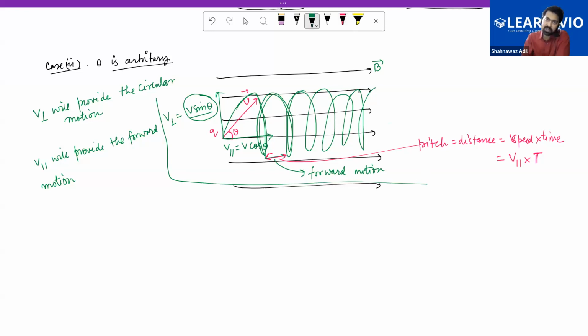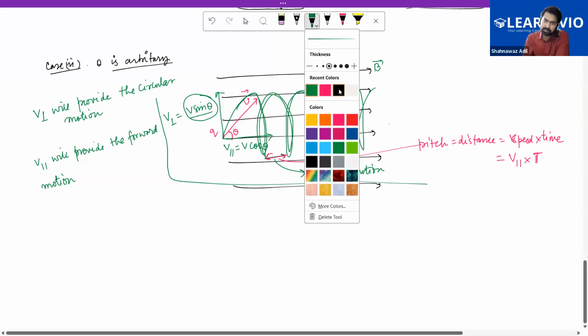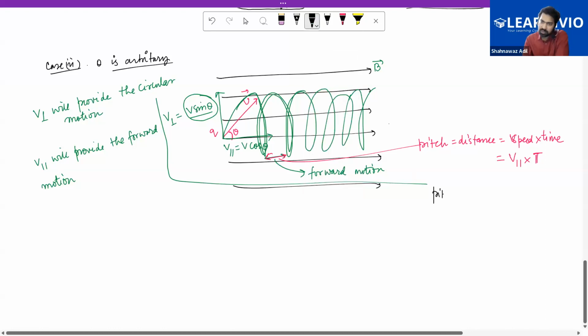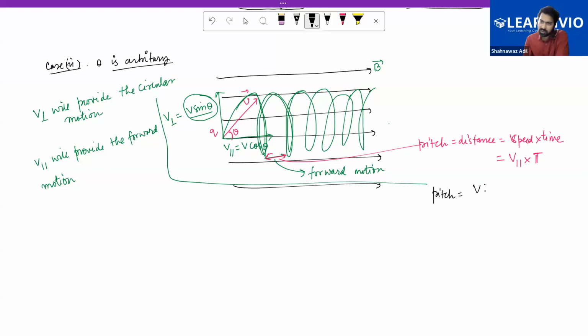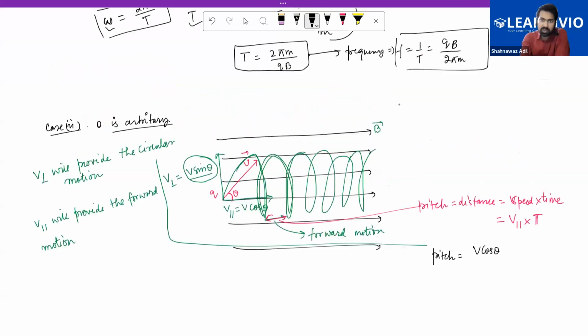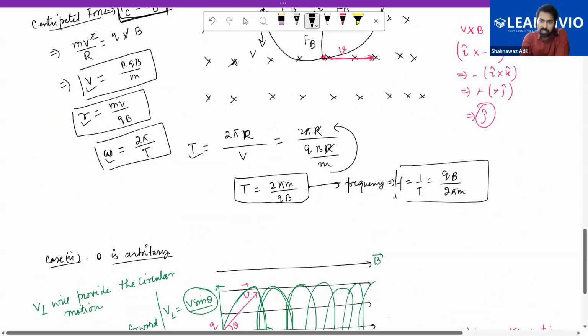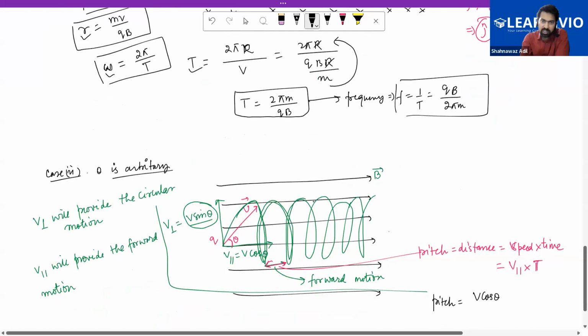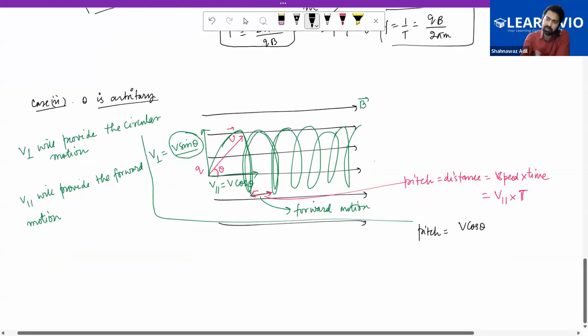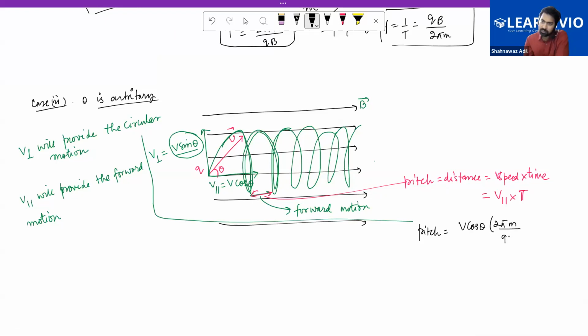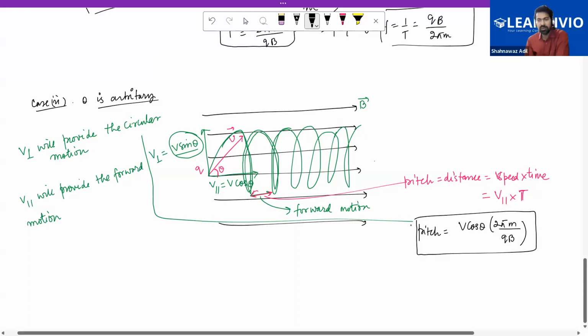So pitch is v parallel, which is v cos theta, into the time period. The time period was 2 pi m by qB, so the pitch is v cos theta times 2 pi m by qB.